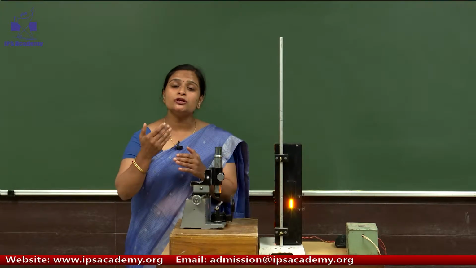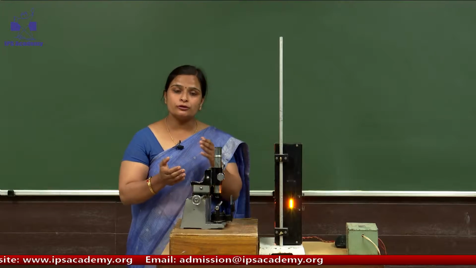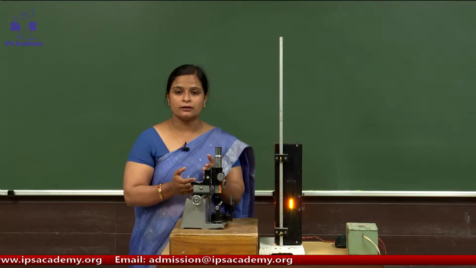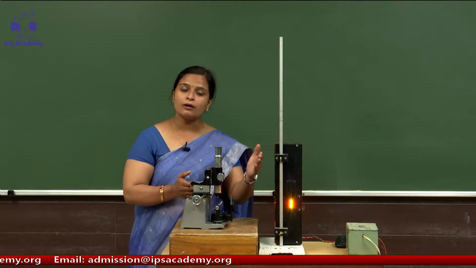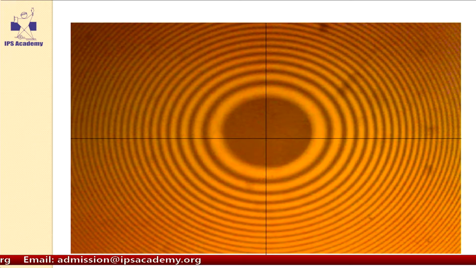To get uniform readings, we should use the fifth ring, and then we will take the readings from the 5th to the 14th on the left hand side and on the right hand side. The left hand side reading and right hand side reading will give us the diameter of the ring.